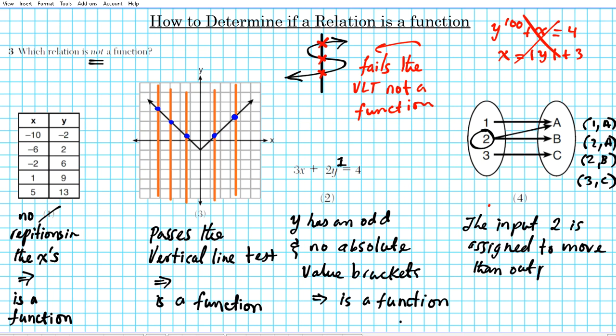Okay, so more than one output, and that tells us that it is not a function. Hence, this is the correct answer that we're looking for. All right, the other ones are functions, so we don't want to select them. Answer to question number 3 is option number 4.